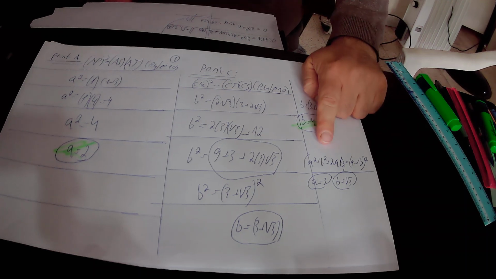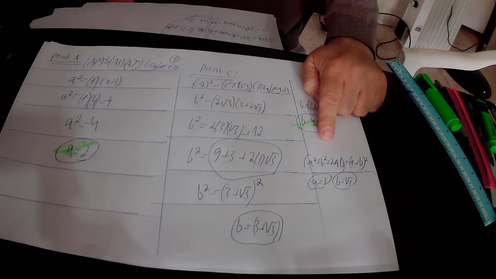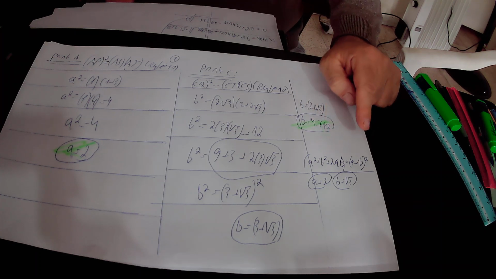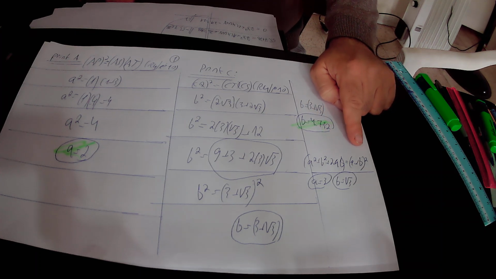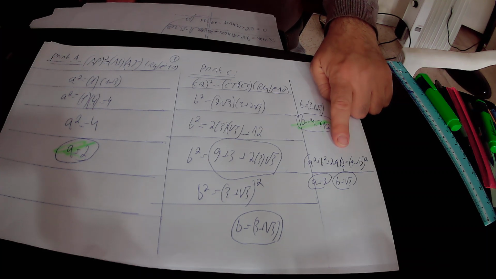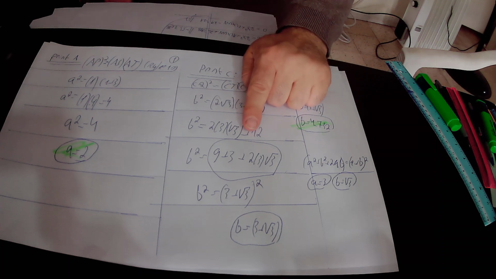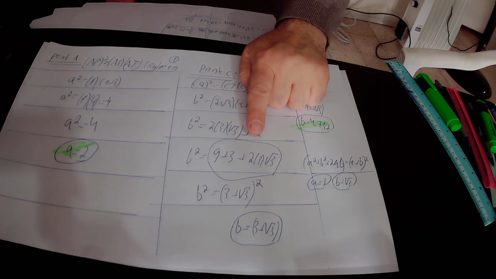Because a squared plus b squared plus 2 times ab equals a plus b squared, according to this algebraic identity, 9 plus 3 plus 2 times 3 times root of 3 must also equal a plus b squared when a equals 3 and b equals root of 3.